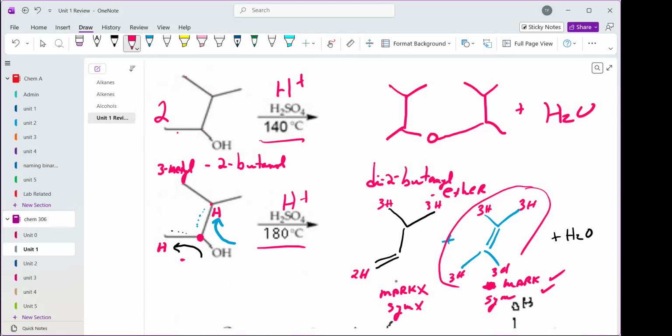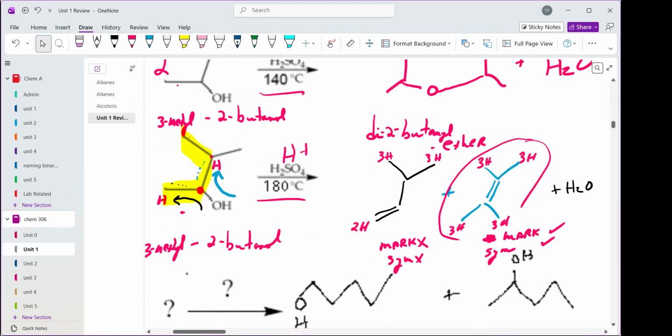And we've got to name them. So this is going to be 1, 2, 3, 4. And then on carbon number 3 is going to be a methyl, just like up the top. Okay, this here is going to be an alkene.